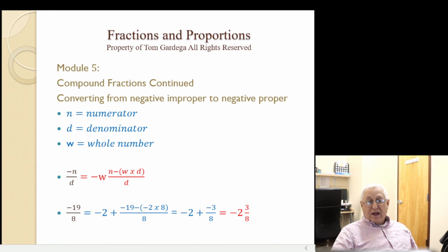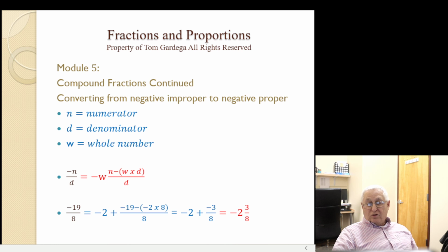Here we have a negative fraction, negative N over D. So we have a negative whole number, and N minus W D divided by D again. So 8 goes into negative 19 negative 2 times, plus negative 19 minus negative 2 times 8, because that's what this is up here.